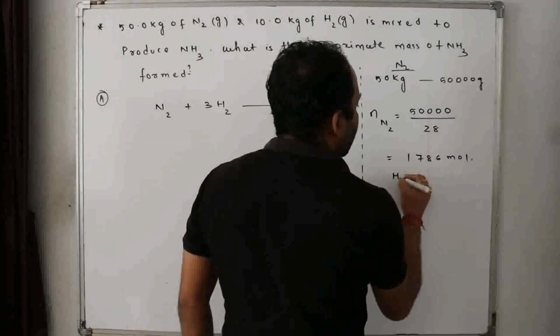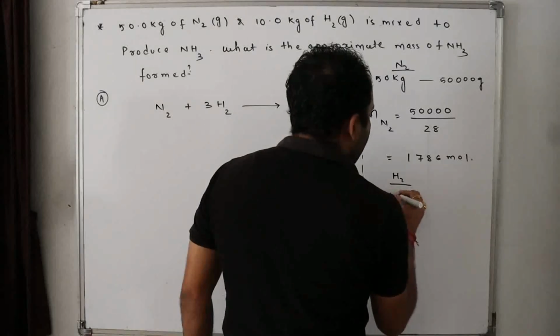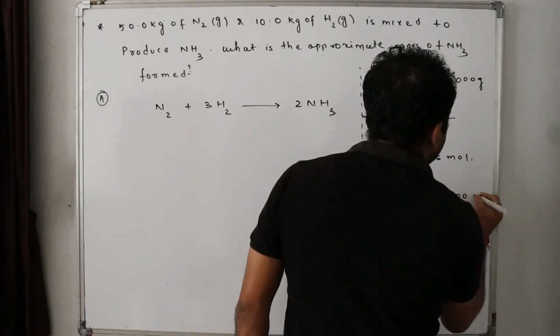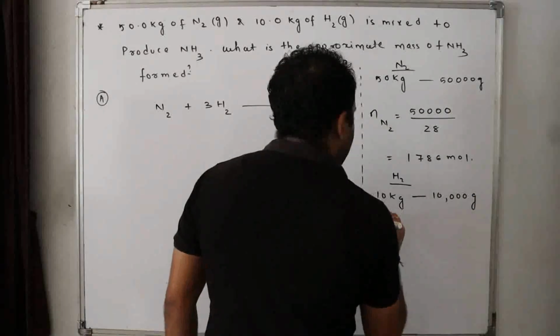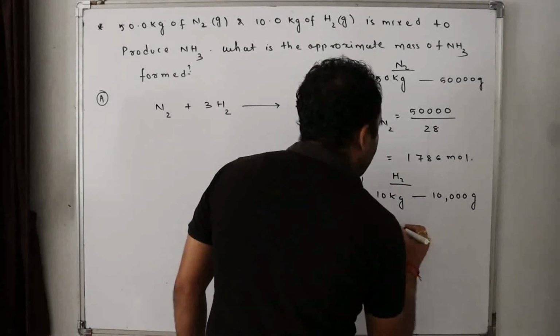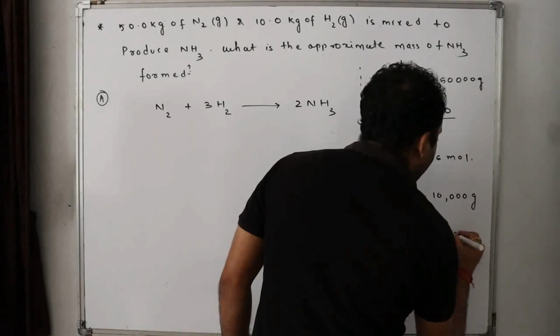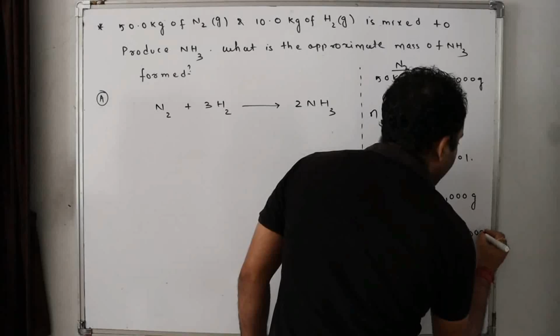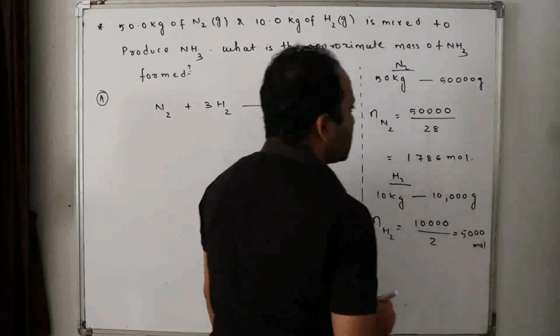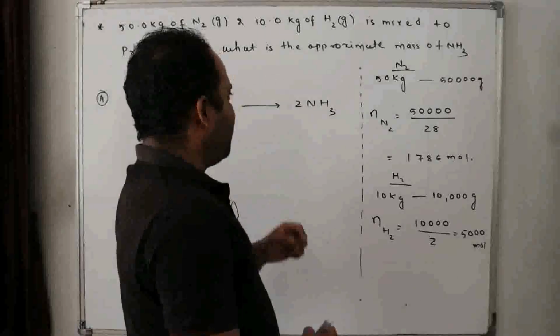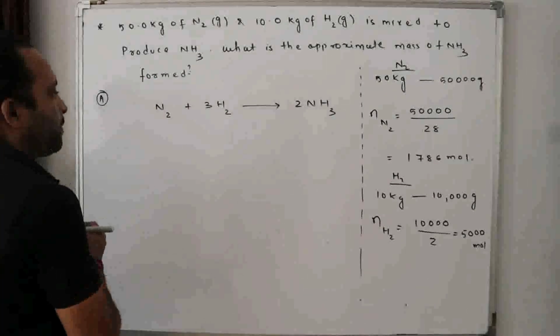Similarly, for hydrogen, how much is given? 10 kg. That is equal to 10,000 grams. So the number of moles of hydrogen is equal to 10,000 by 2. That is how much? 5,000 moles. Okay. Now, very simply we'll solve this question.